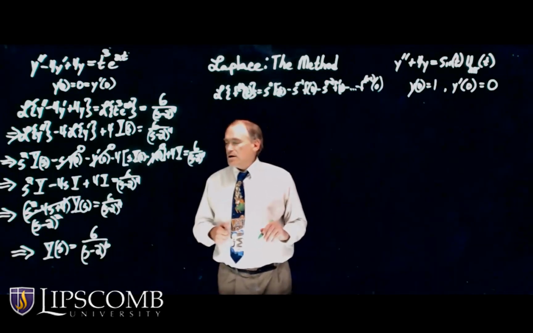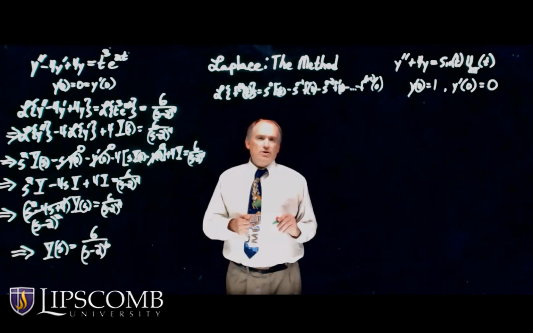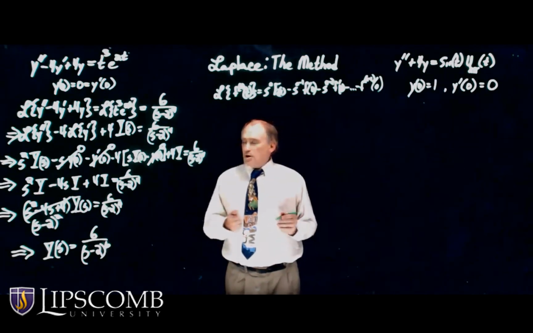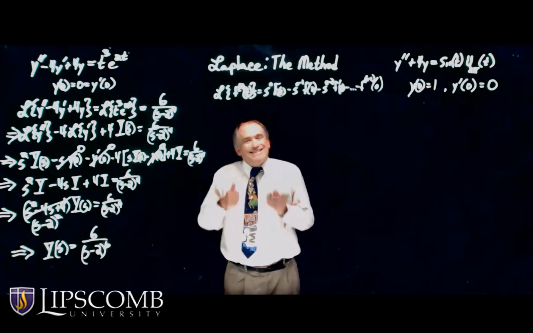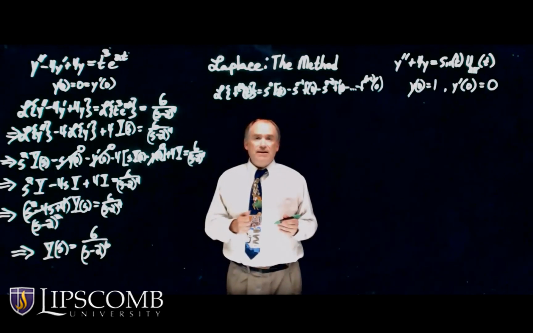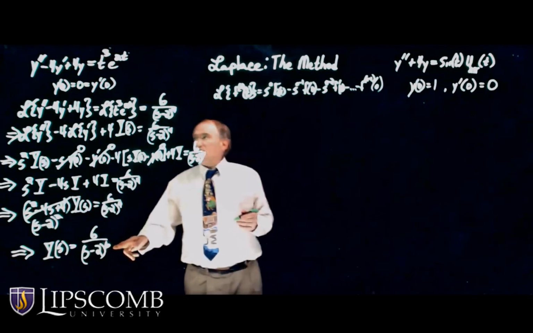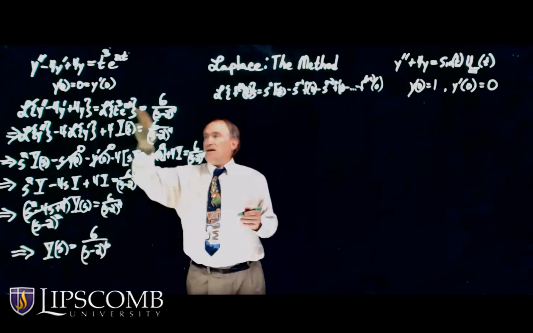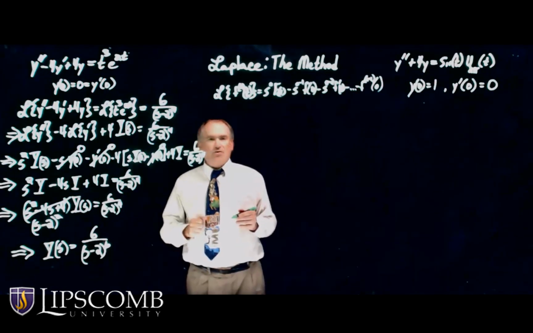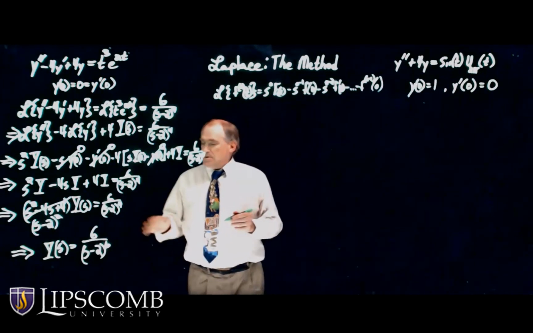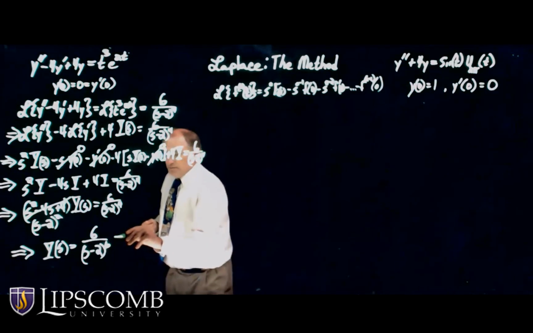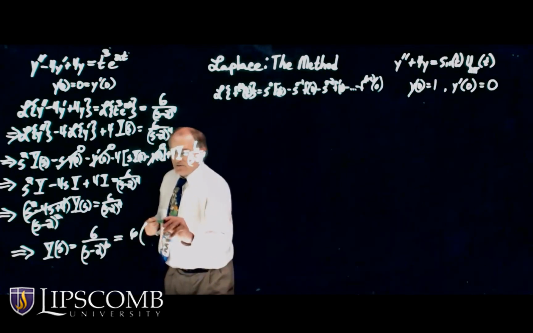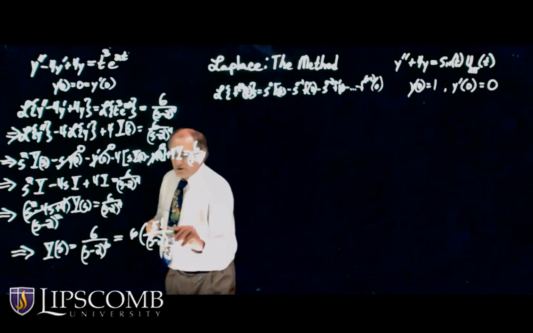Well, if I were to look on the Laplace transform chart, it's not exactly how I need it. Since this is a 6, if you remember what I did here, I need 5 factorial. So here's what I suggest we do. Let's write a 6 right here. Let's write a 5 factorial here, over s minus 2 to the 6.